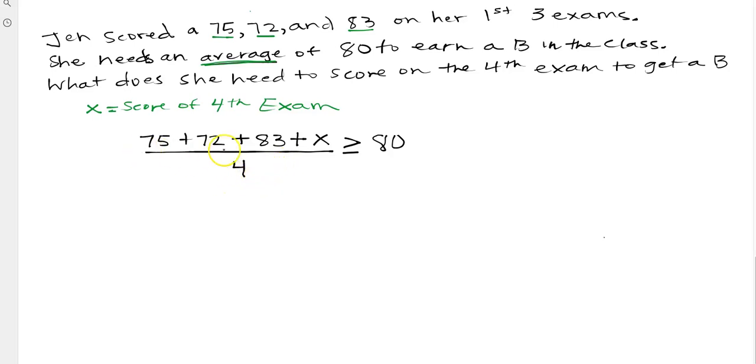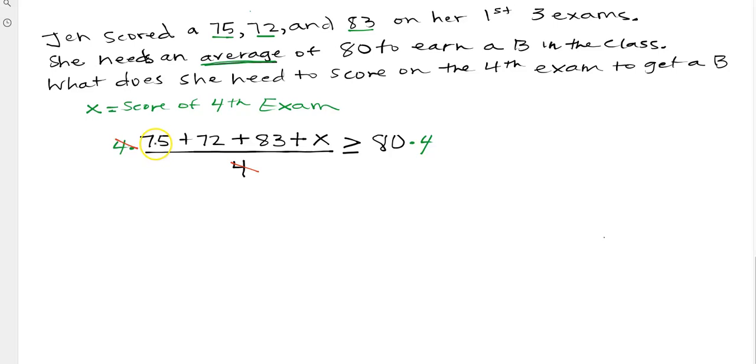So the first thing that we need to get rid of is this dividing by 4. The opposite of dividing by 4 is multiplying both sides by 4. And so here on the left side, those 4s divide out.